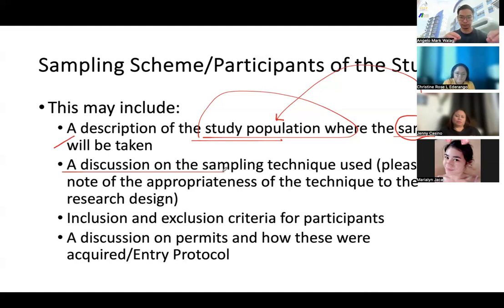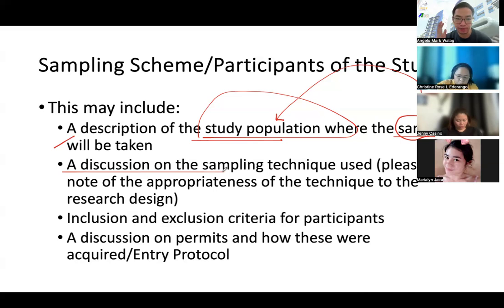If it's quantitative, then your sampling technique should represent the principles of quantitative design. How did you select your sample? Was it random or not? Or for the qualitative phase, how did you do purposive sampling? What was your inclusion and exclusion criteria?